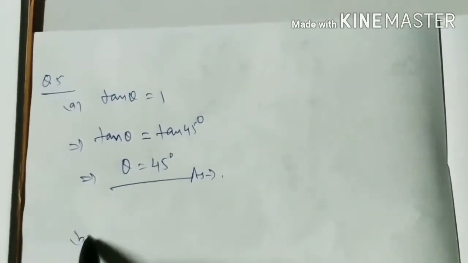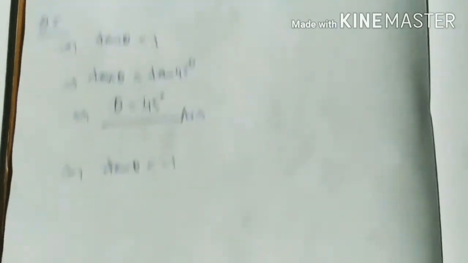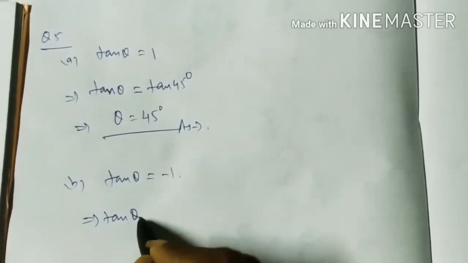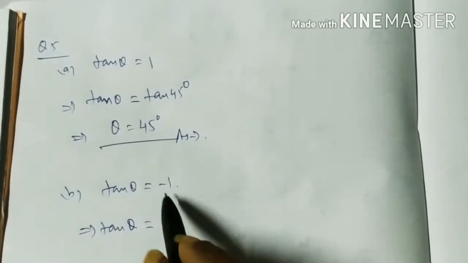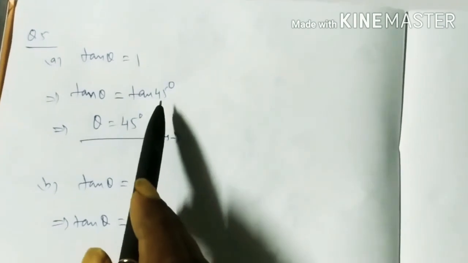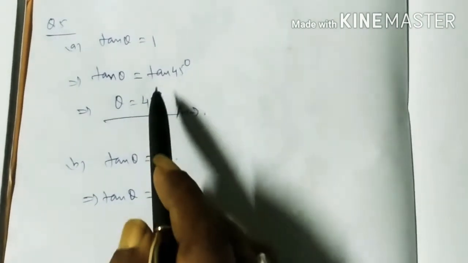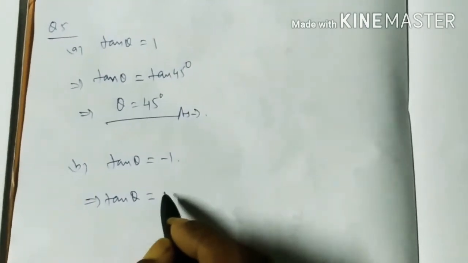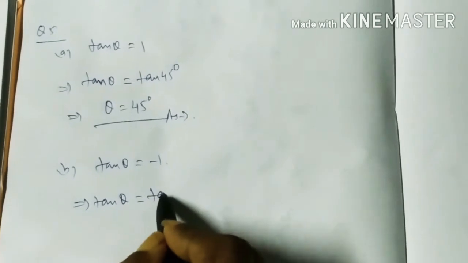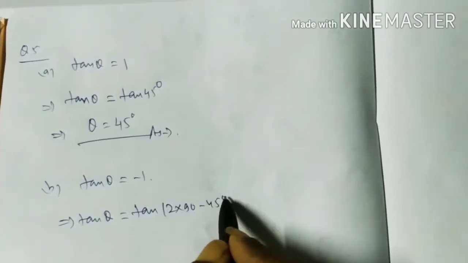Similarly, B, that is tan theta is equal to minus 1. So now, in the second quadrant, tan is negative, and the value of 1 is when tan is 45 degrees. So in the second quadrant, tan is negative. So I can write here tan of 180 minus 45 degrees.